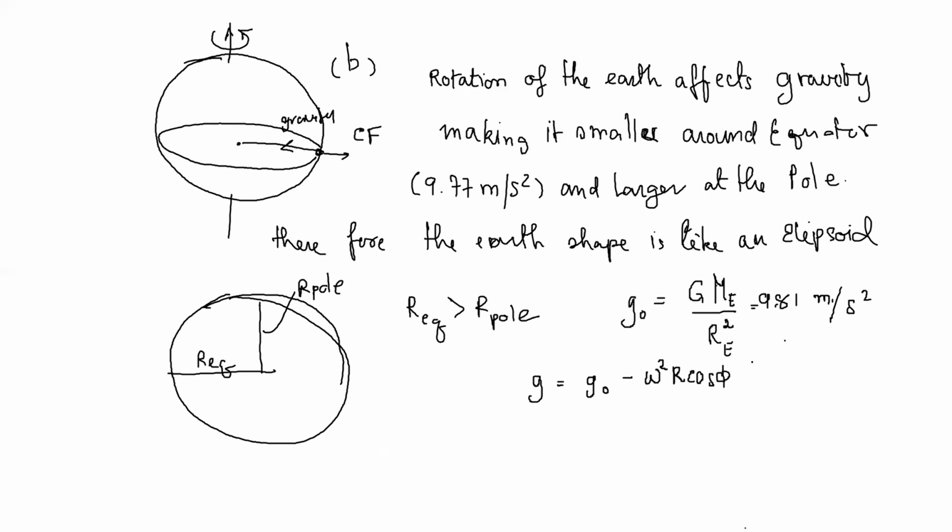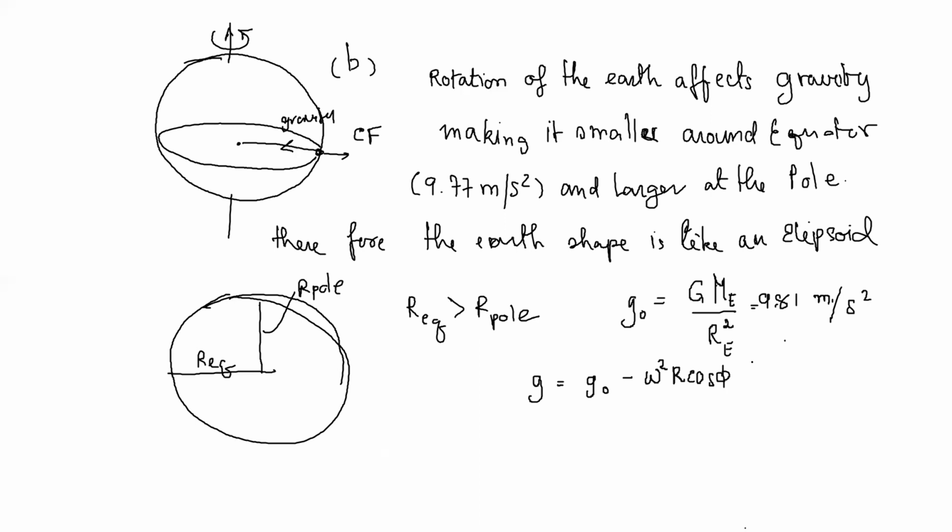So at the equator, this centrifugal acceleration is maximum. If we measure the gravity at the equator, we find that it is a little bit smaller than the value at the pole. At the equator, the gravity is approximately 9.77 meters per second squared.